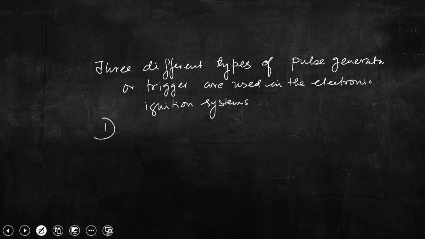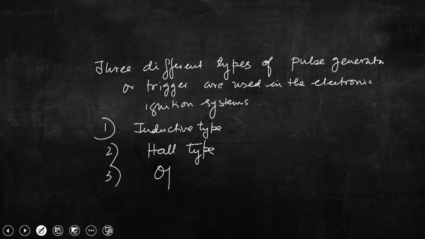Number one is inductive type, number two is Hall type, and number three is optical type. So, these are the three different types.